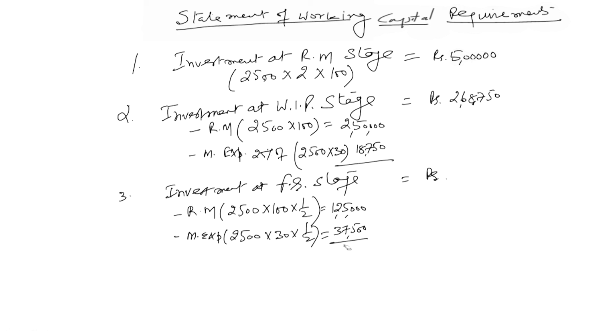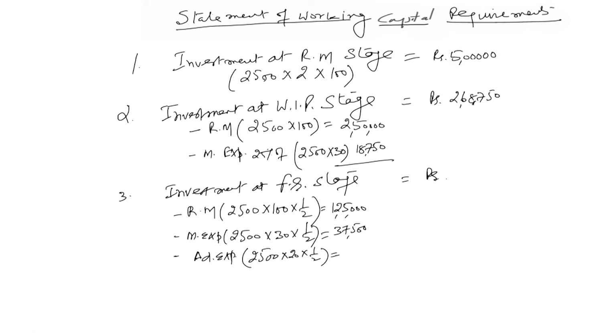So we will take the administrative expenses also. So the third head is add. Into this we will have to add the administrative expenses, because administrative expenses are also required to be included in the finished goods. So 2,500 into 20 into 1.5 again.